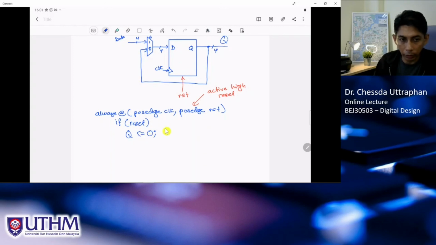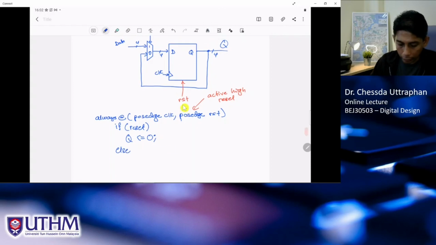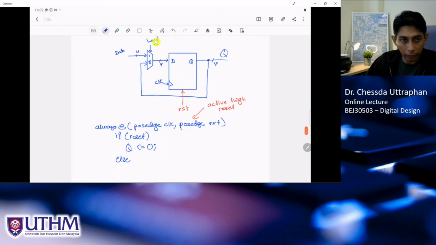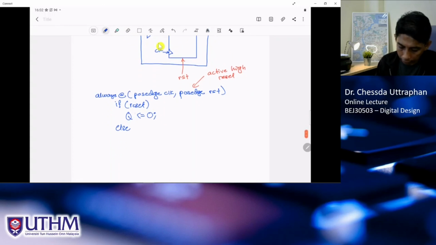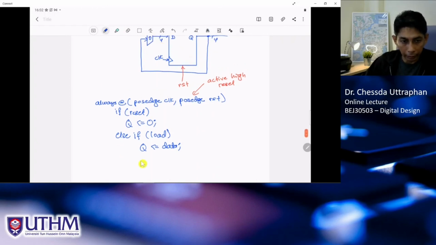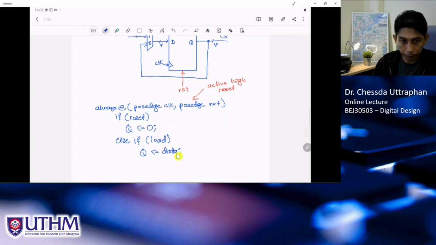But if reset equal to 0 or not active, this should be else. Now the output Q will depend on another signal, the load signal. So else if load equal to 1, then Q should be equal to data. Done. No need to have the else statement here because the Verilog compiler knows already. If load equal to 0, then Q should remain Q.